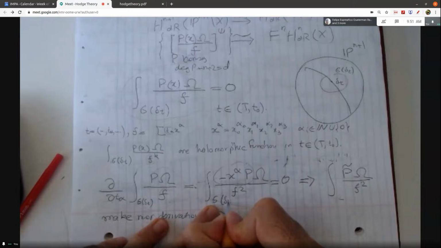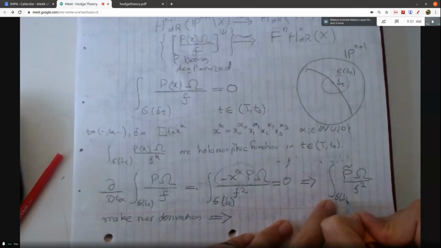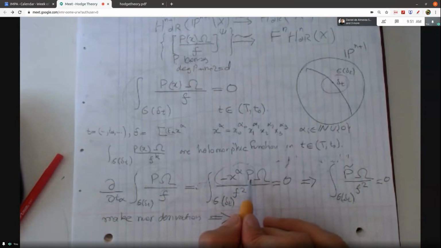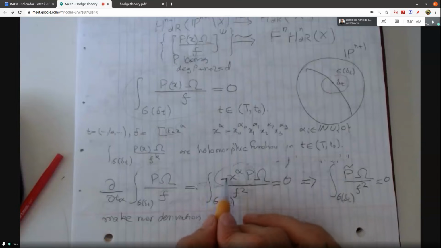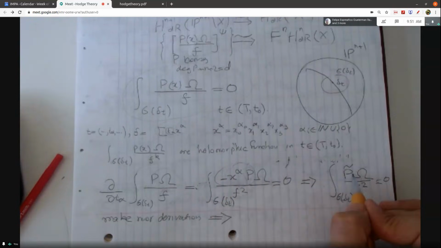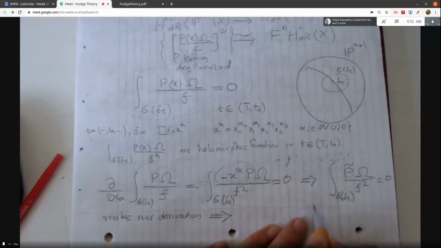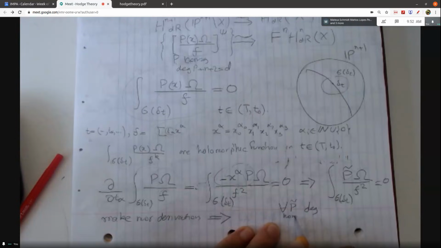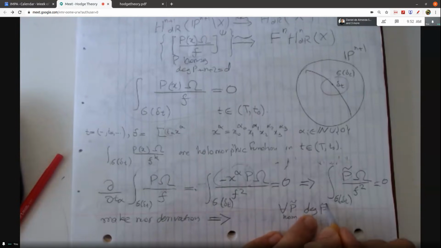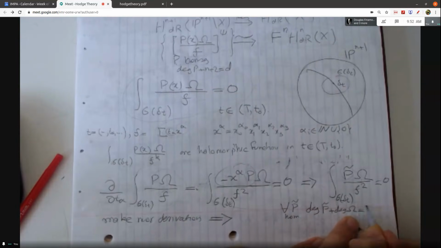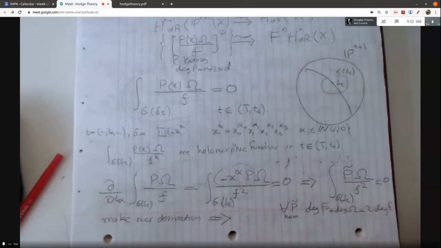Because anyway, you take here all monomials of proper degree. Here you will have all monomials of degree d, and you can take a linear sum of all these monomials, and then you can get again homogeneous degree p tilde, let's say degree omega. Degree omega is n plus 1, in this case 4, it is 2 degree f.